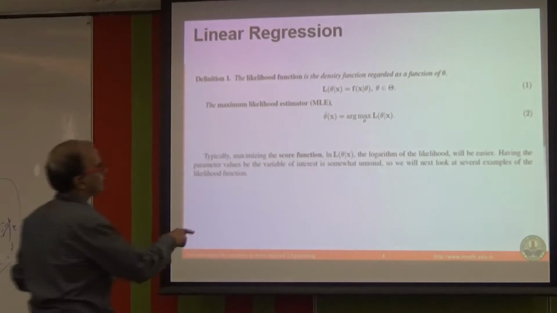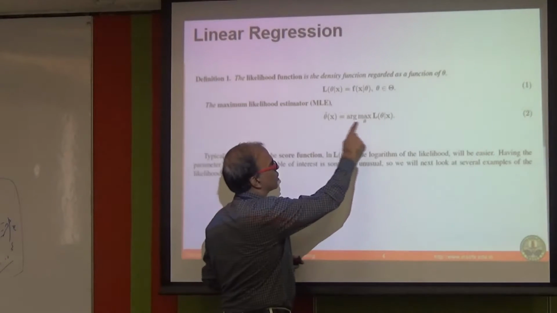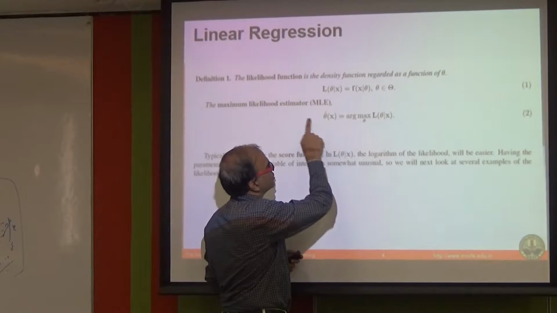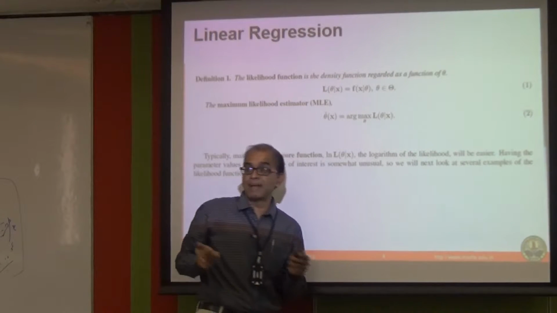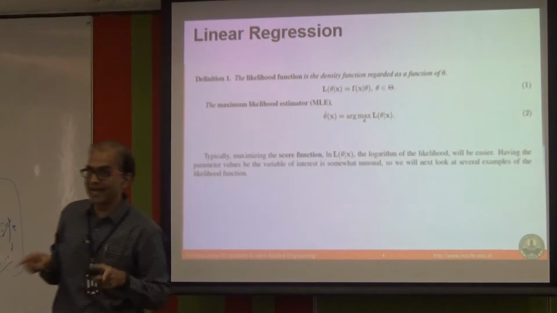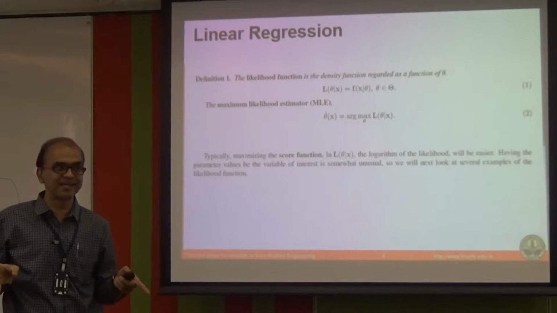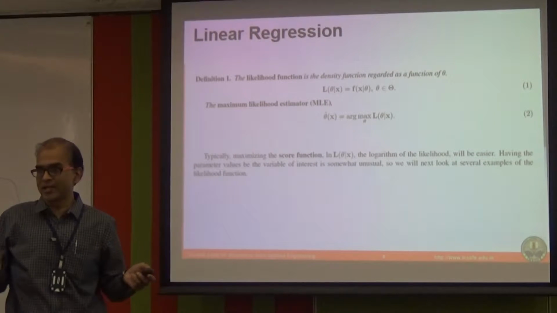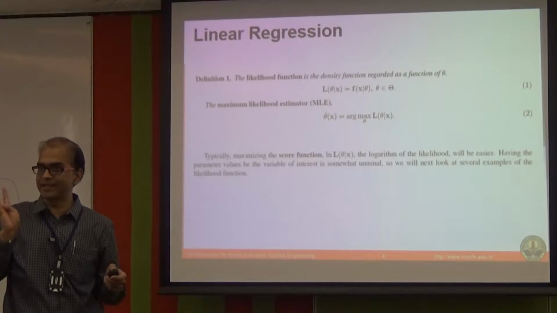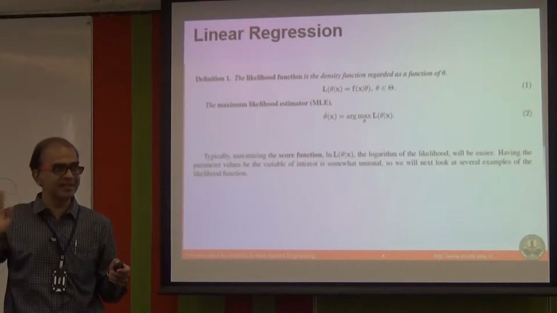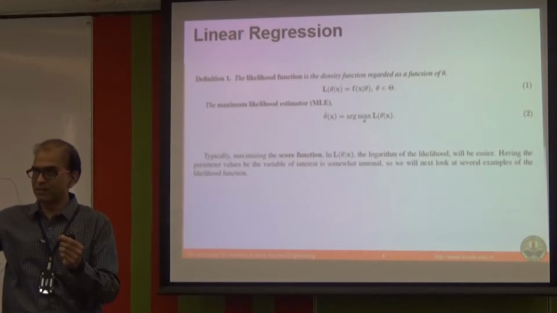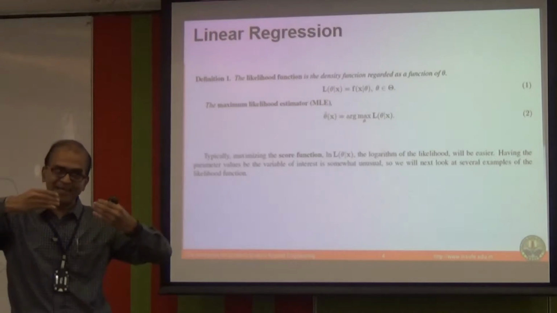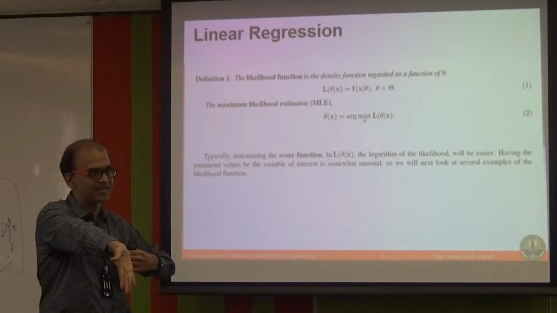Typically, people find that this is a bit more complicated to handle, so they actually take a logarithm on both sides. So they don't maximize likelihood, they maximize log likelihood, which is okay. Logarithm is a continuous, monotonic, increasing function. So if I am maximizing a logarithm, I am maximizing the function itself.